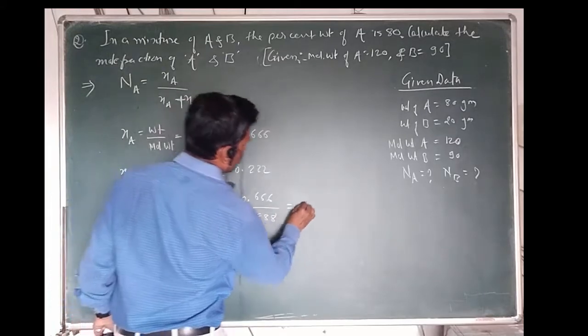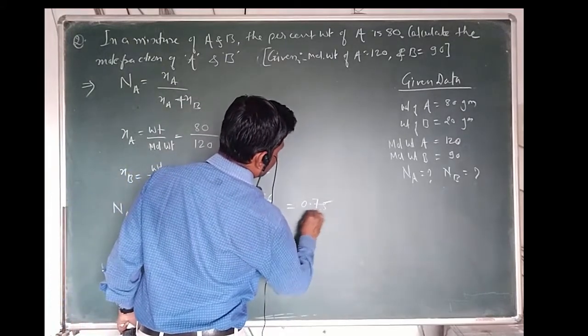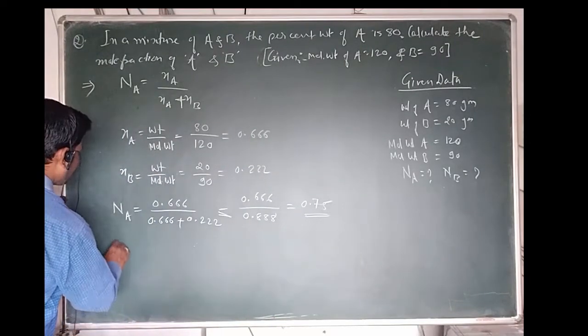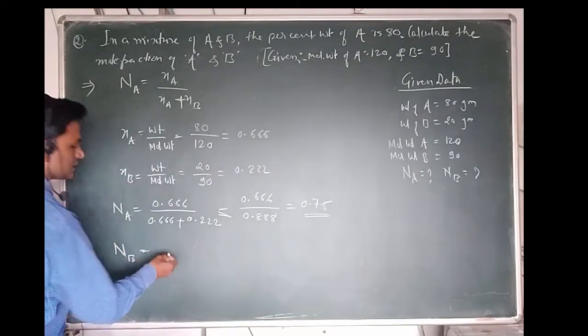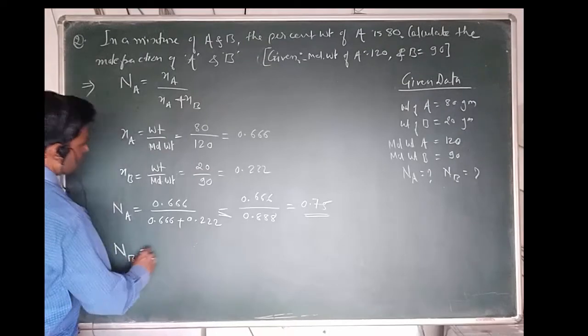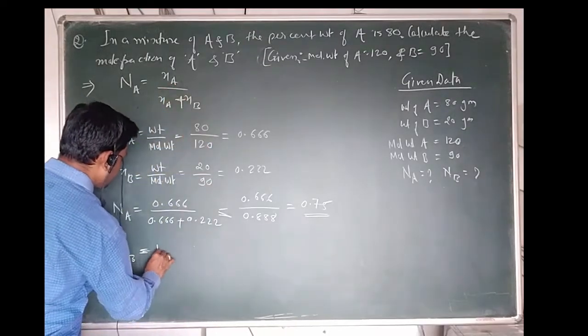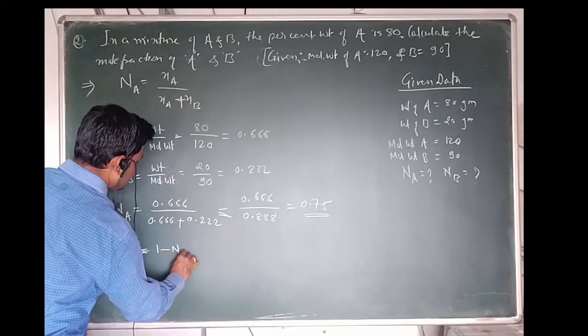So you will get 0.75 as the mole fraction of A. Now we have to calculate the mole fraction of B. This can be calculated either by Nb upon the total number of moles, or by 1 minus Na. This gives the same value.